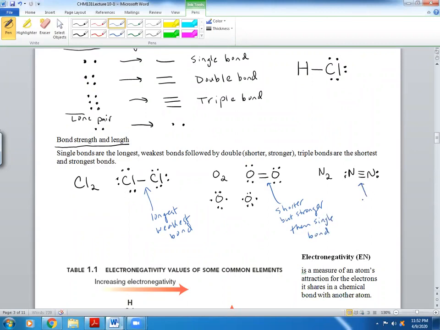And the triple bond is the shortest but strongest. So you would need a lot of energy. You need a lot of energy to break that bond.